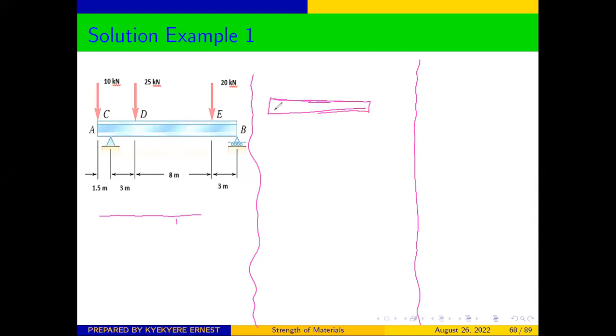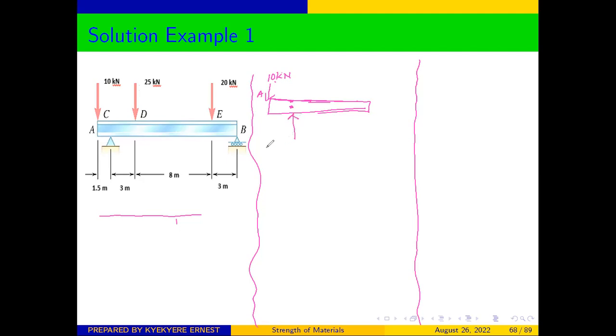As you see in the free body diagram, we have 10 kilonewtons at this side, 10 kilonewtons. Then there's a support at C. So this point is A. There's a support at C.